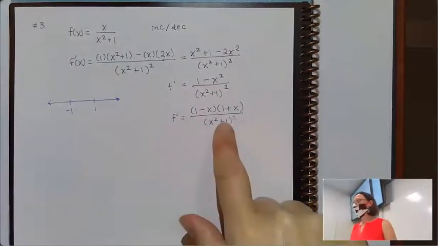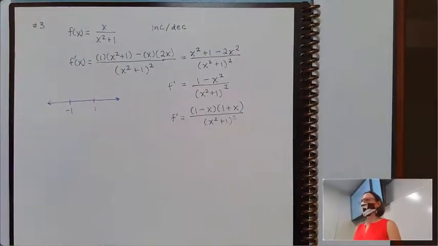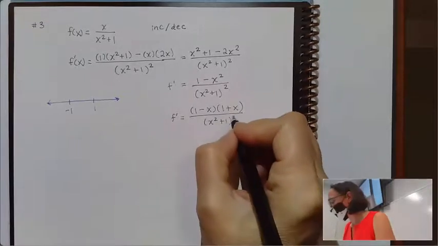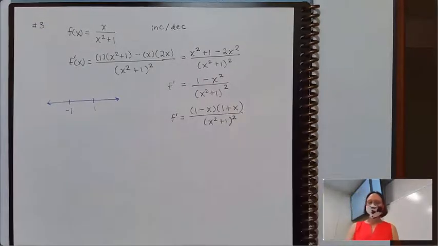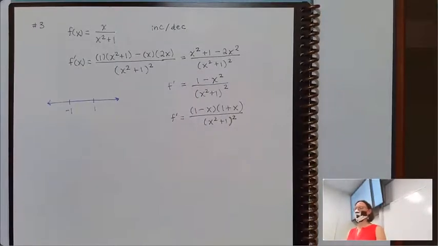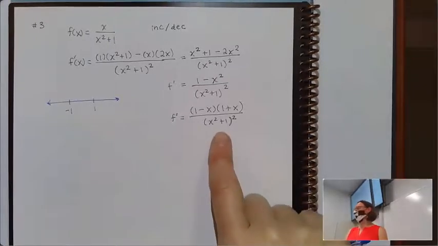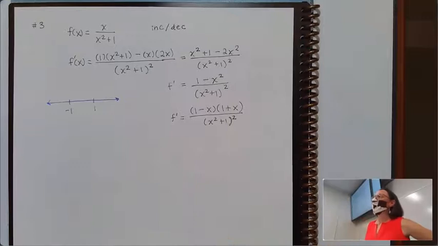But that denominator can't be 0, because x squared plus 1 does not have a root. So we would just be looking to plug numbers in and figure out where it's increasing and decreasing. Also, the bottom is always positive, so I don't even have to worry about plugging the number into the denominator. It won't affect the sign.